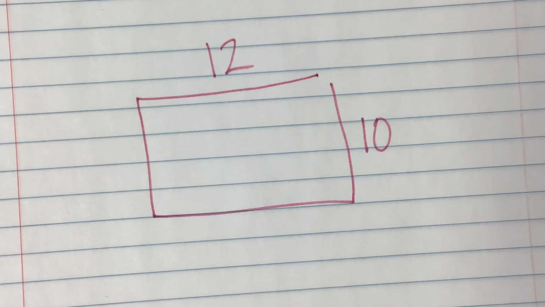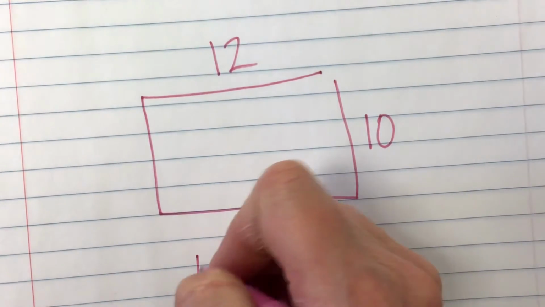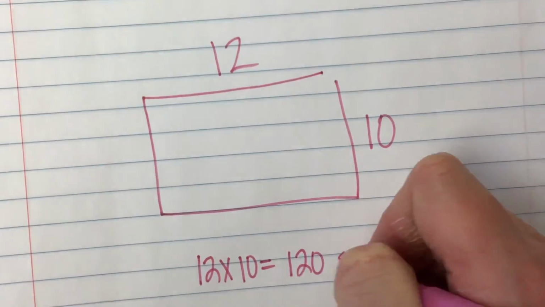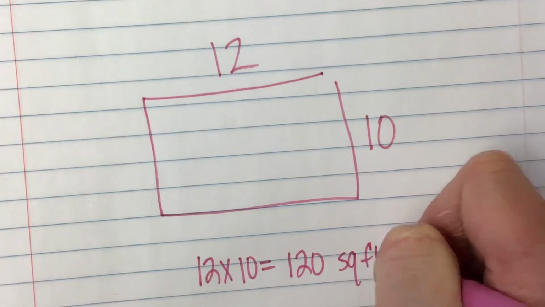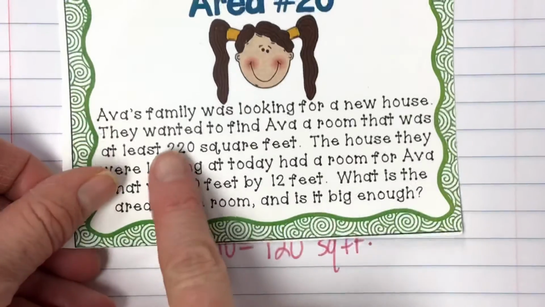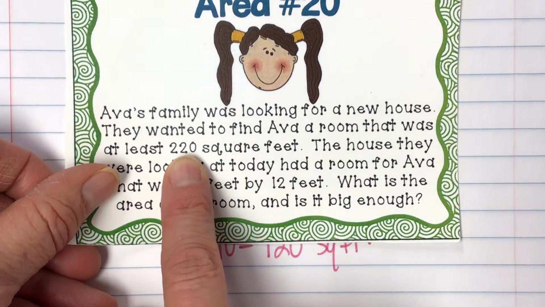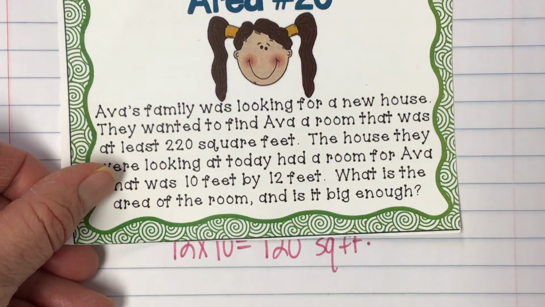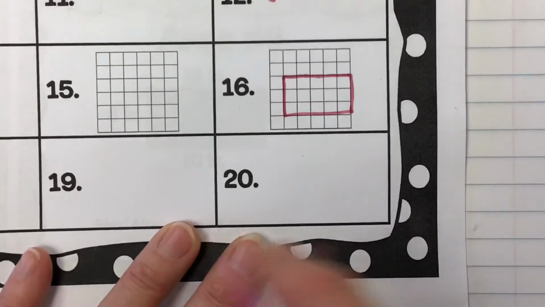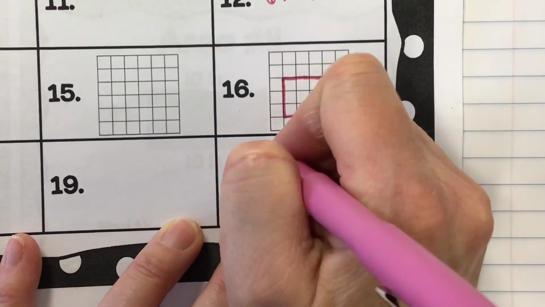Every hand should be in the air. Ellis. 120. We find the area by doing 12 times 10, which is 120 square feet. How big of a room do they want? 220. So is it big enough? No. So in our blank, we're going to restate the area of the room.